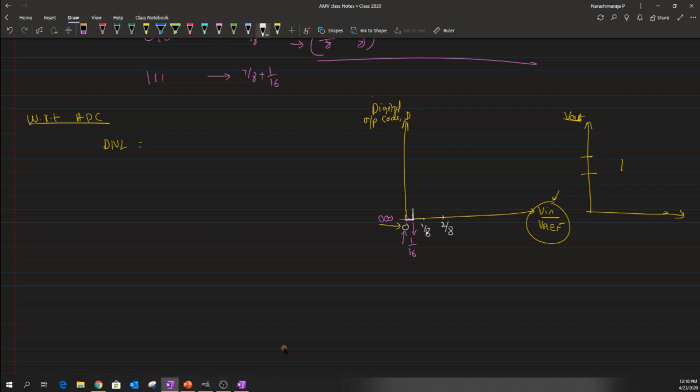So, let me not explain too much about it, but the kind of graph that I would get is something like this, a step kind of graph. Now in that case one could measure the value of DNL as the actual step width.